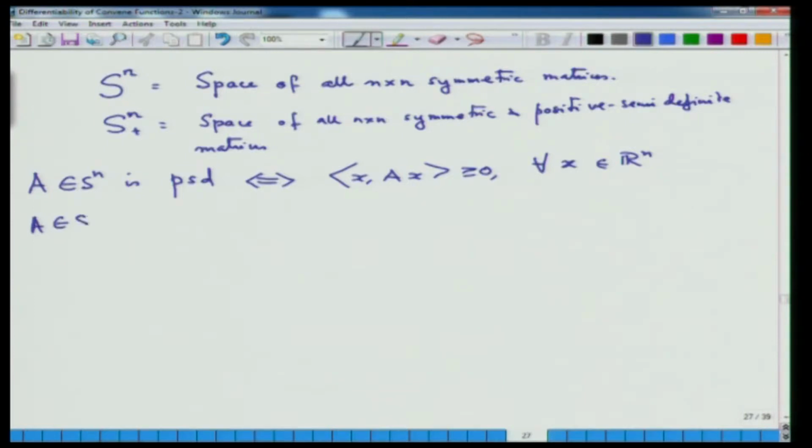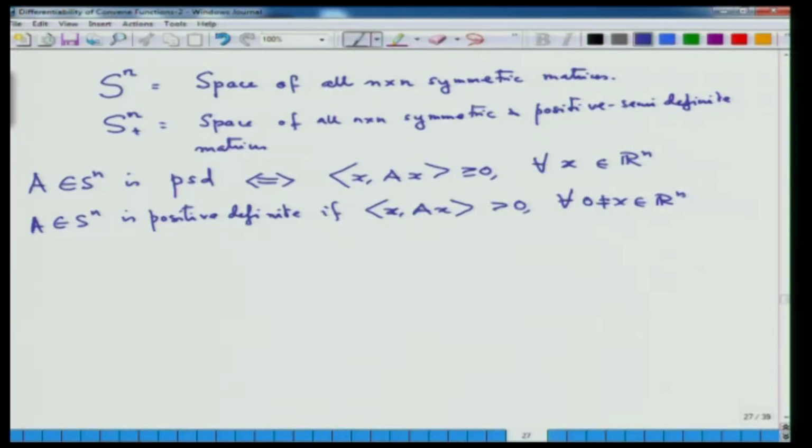A element of Sn is positive definite if x transpose A x is strictly bigger than 0 for all non-zero x in Rn. Now, what I want to tell you is that if you collect all the positive definite matrices, that is the interior of Sn plus, which we call Sn plus plus. So, this is the set of all positive definite n cross n symmetric matrices.